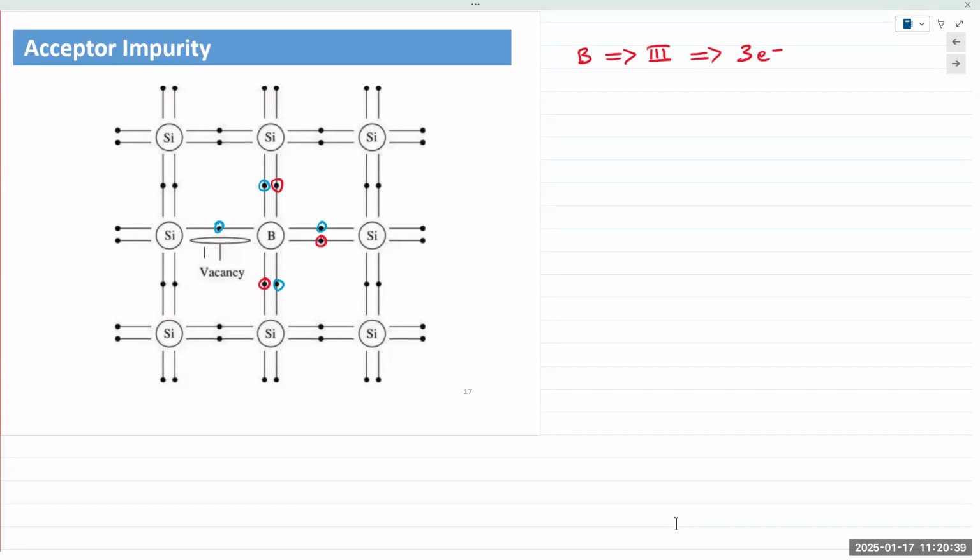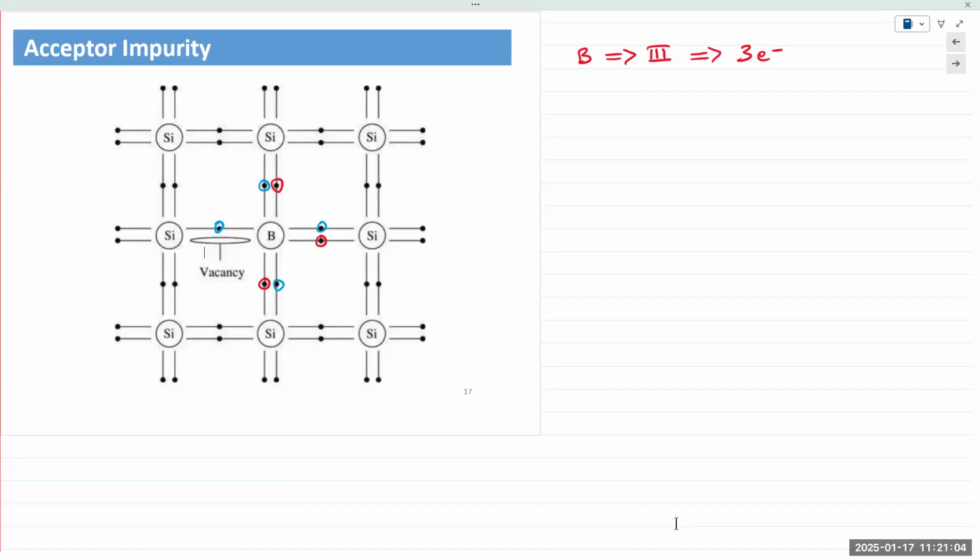And what happens when electrons from somewhere else jump into these spots? Holes are created. And so a whole bunch of holes are created where the electrons are coming over, and those holes are represented by positive charge. And so because we're introducing a column 3 element in our semiconductor, a whole bunch of positive charges are generated.